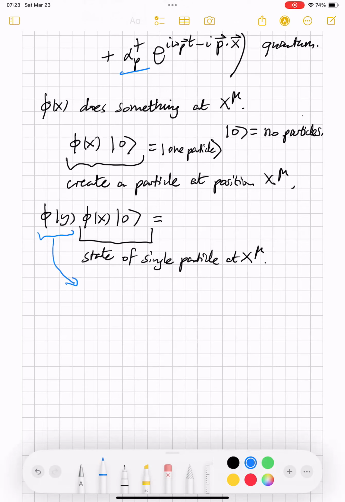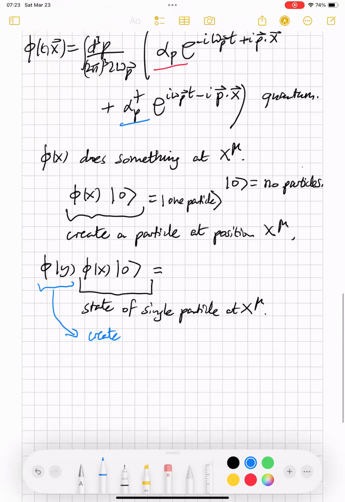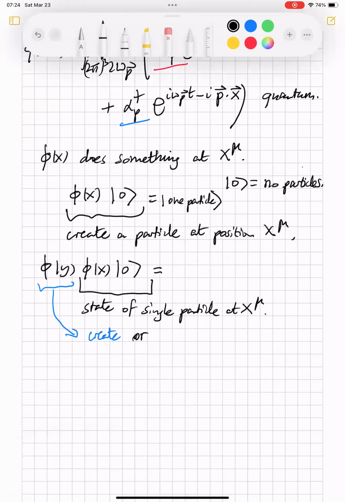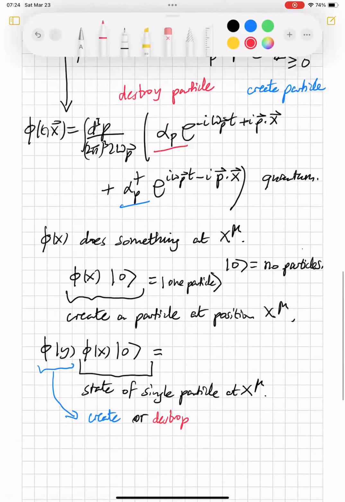It could create a particle because it has a creation operator in it, so this would be with the alpha p dagger, or it could destroy because it's got a destruction operator in it.